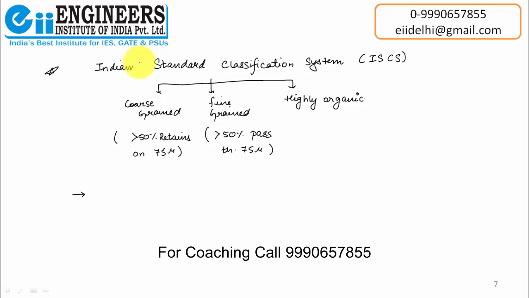These coarse grained soils are further divided into two divisions. First is gravel, and another one is sand.